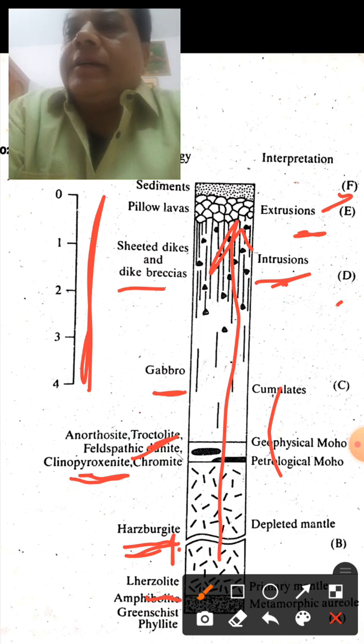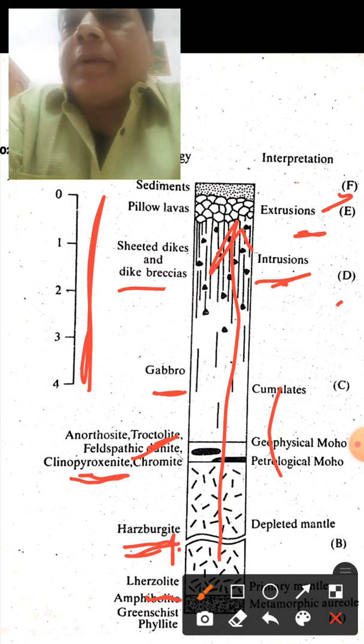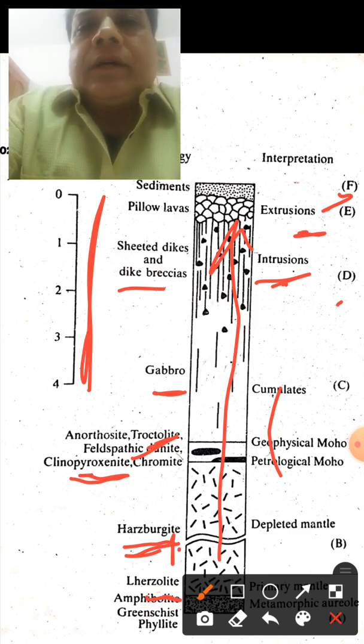There are various other parts where these ophiolite suites are studied. This is the Franciscan formation in California, where ophiolites are serpentinized, as I told you in the beginning, and a number of other places where such sequences are being found.